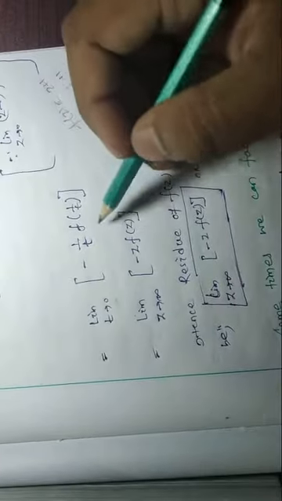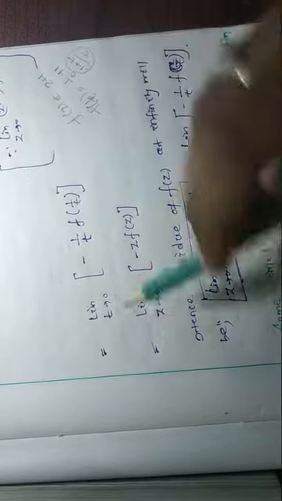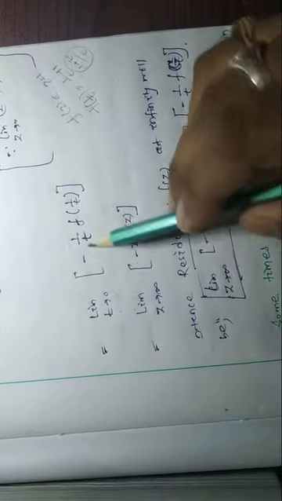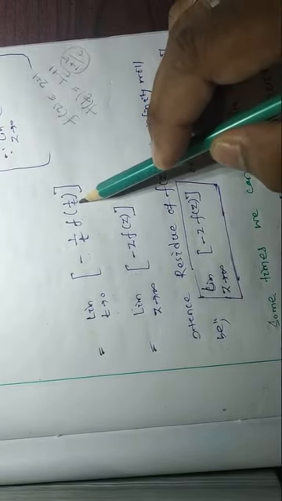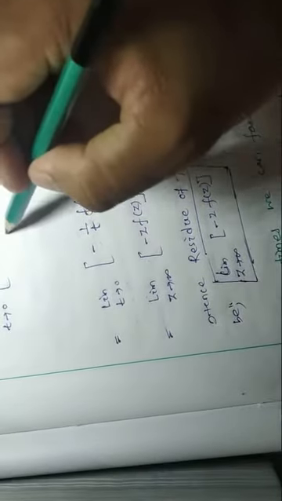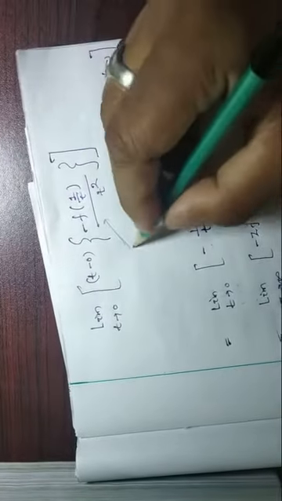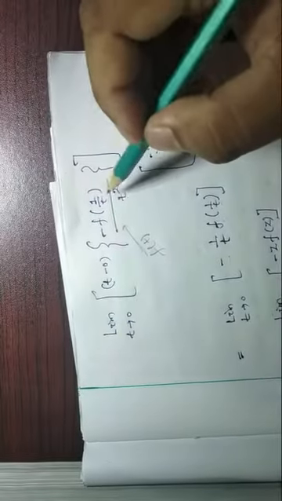So now it can be represented as limit t tends to 0, minus 1 by t, f of 1 by t. Okay, f of 1 by t. This whole thing is called a function of t.